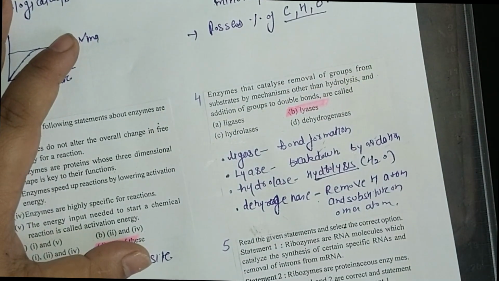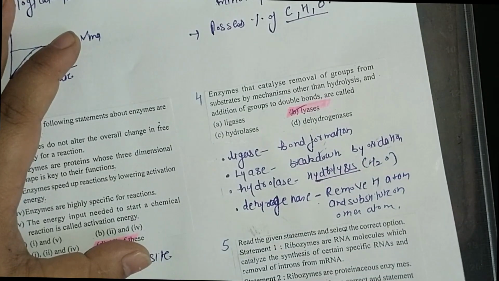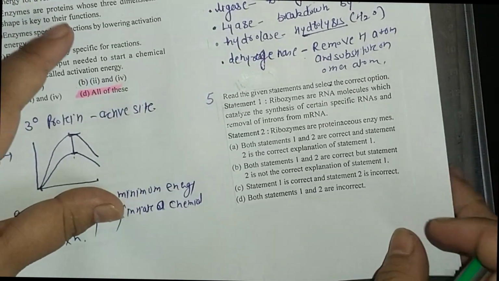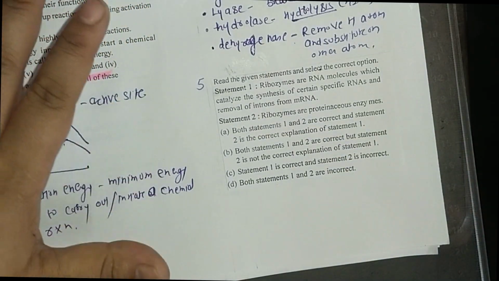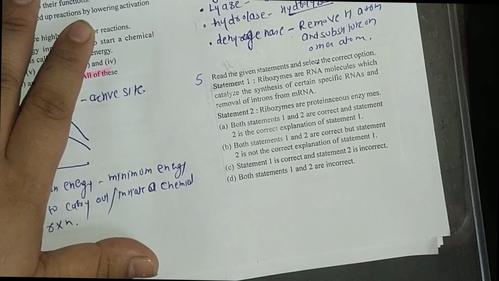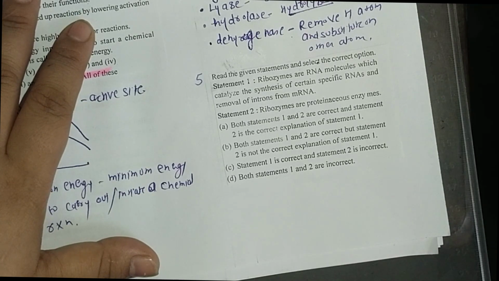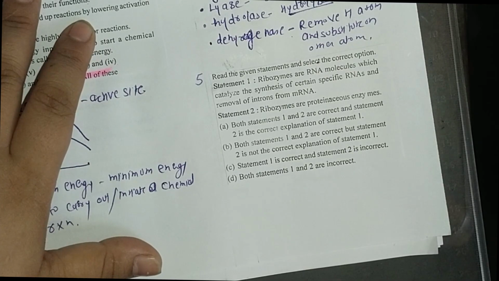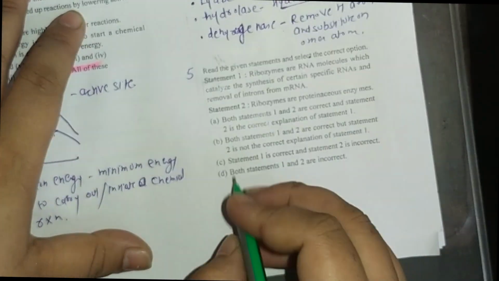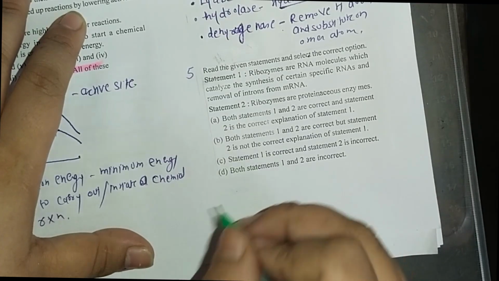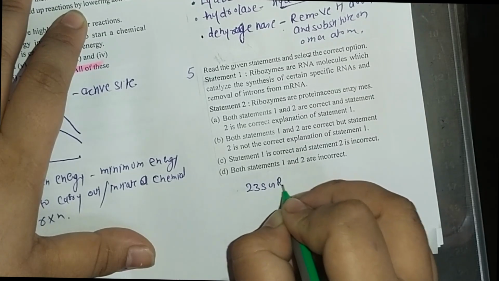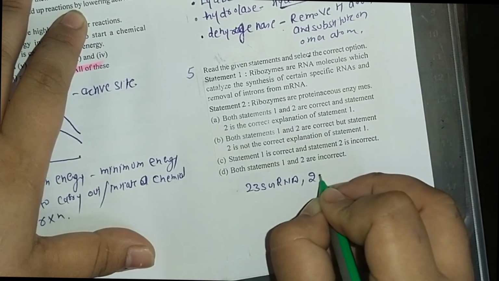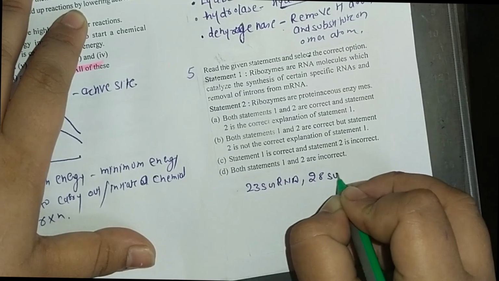Next question. Read the following statements and select the correct option. Statement 1: Ribozymes are RNA molecules which catalyze the synthesis of certain specific RNAs and removal of introns from mRNA. This statement is correct because we have studied that a ribosome contains 23S rRNA or 28S rRNA.